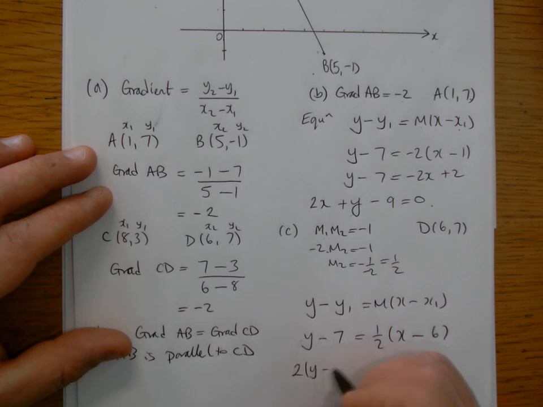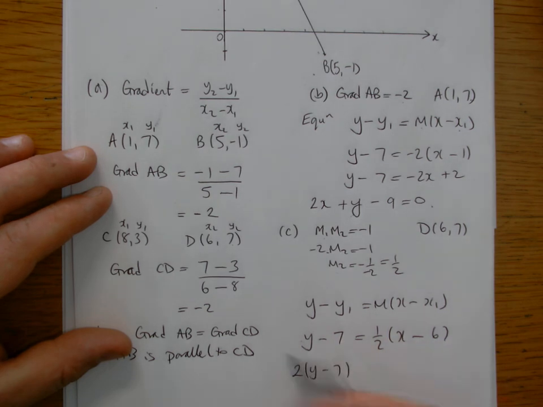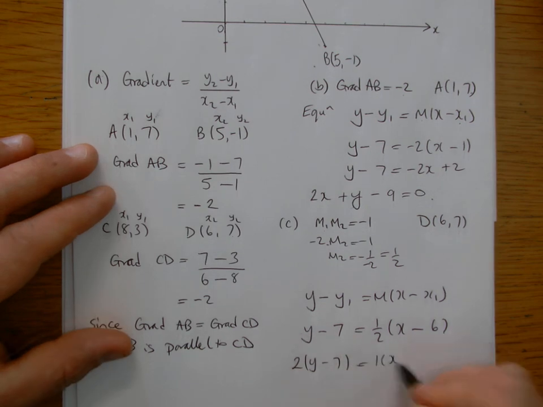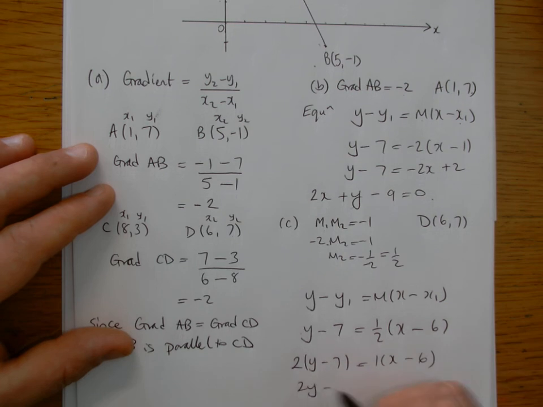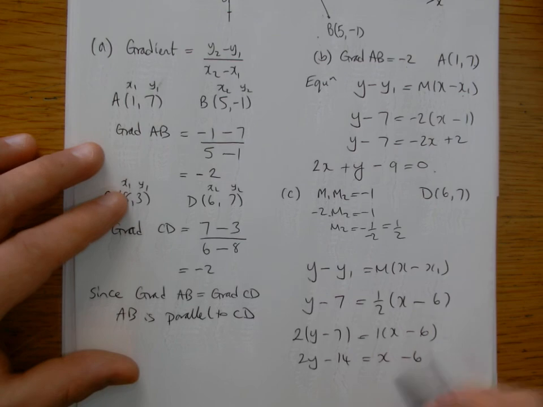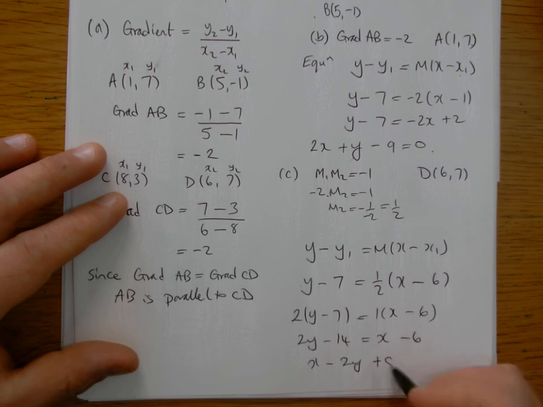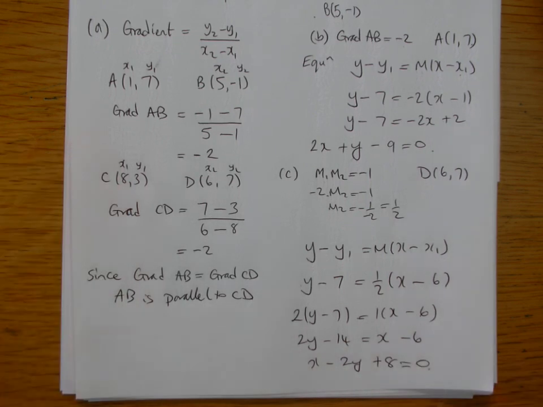When you take the 2 over, you multiply all of this, so put it in the bracket, and then you just have 1, and your x minus 6. So you get 2y minus 14 equals x minus 6, and then get it onto one side like they've got, so x minus 2y plus 8 equals 0, which is exactly what they've got.